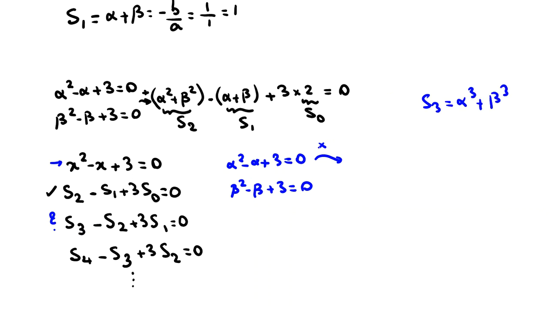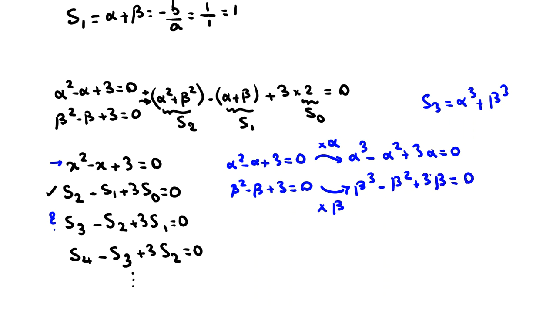Can you guess what we should multiply by to reach alpha cubed? Exactly, alpha. So I have alpha cubed minus alpha squared plus 3 alpha equals 0, and beta cubed minus beta squared plus 3 beta equals 0.